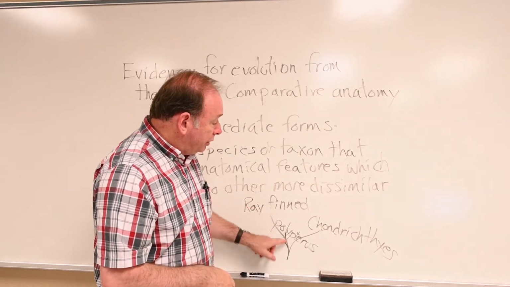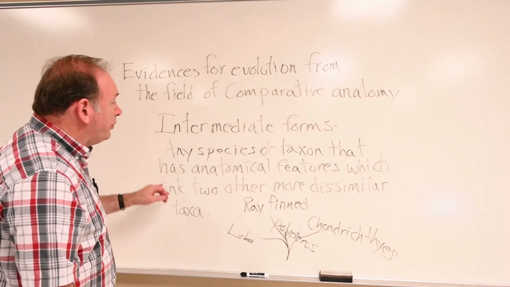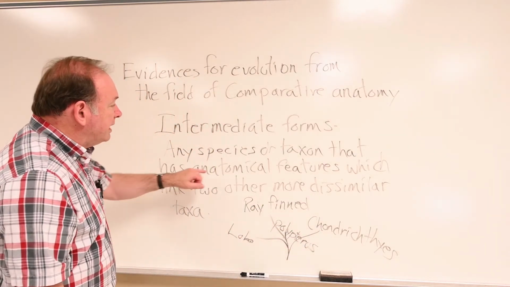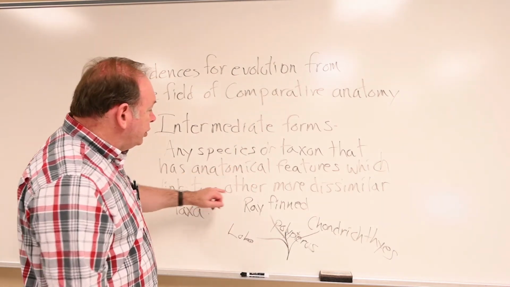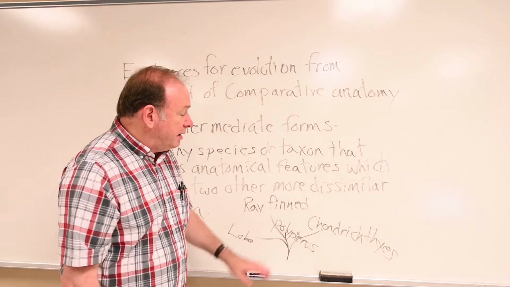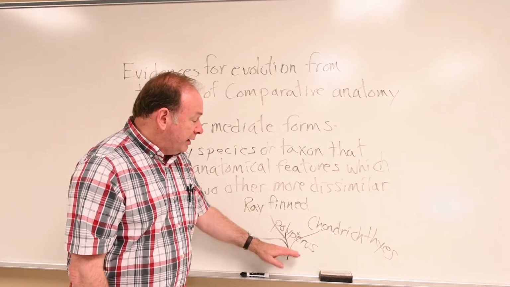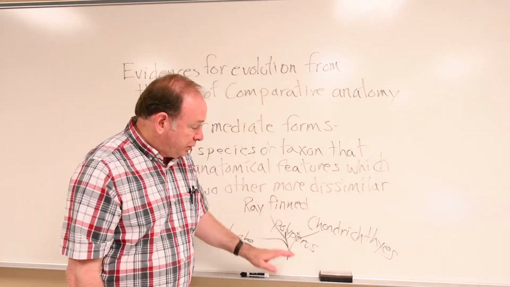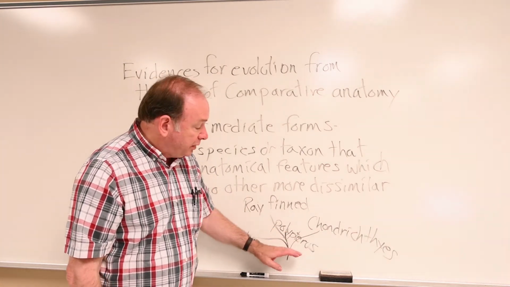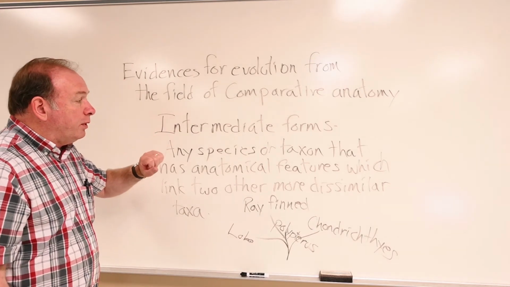So it's a small little group of fish that seem to be more similar to that ancestral type. So a taxon that has anatomical features which link to other more dissimilar taxa. So the presence of these gives evidence that there was maybe some ancestral form that gave rise to these other groups, because we have an example that's very similar to something that might have been like that. So this is what we consider an intermediate form.